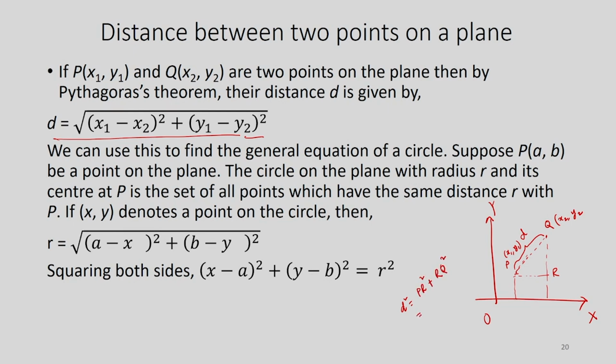and what is PR square? PR square is (x2 minus x1) square, and what is RQ square? RQ square is (y2 minus y1) square, right.